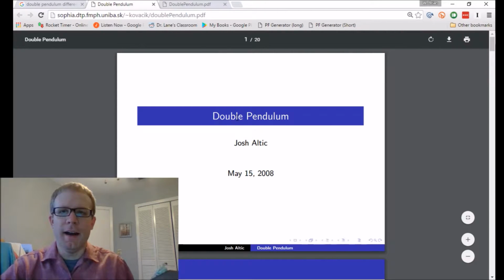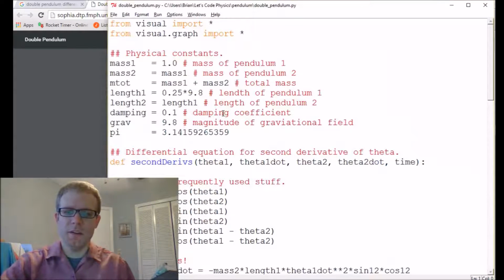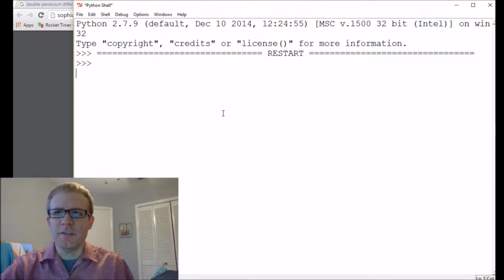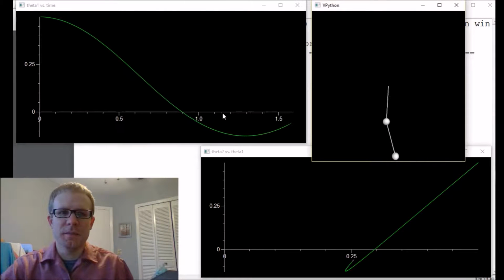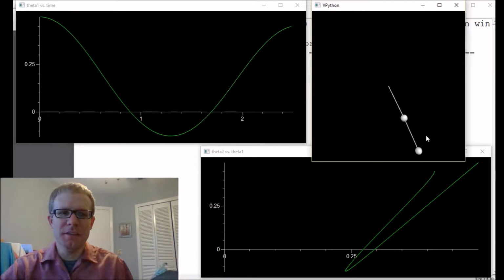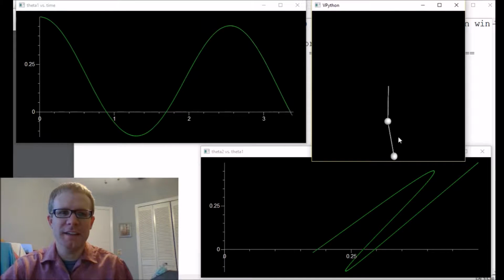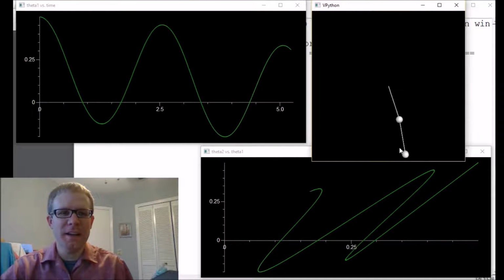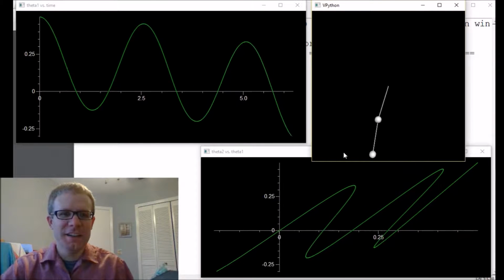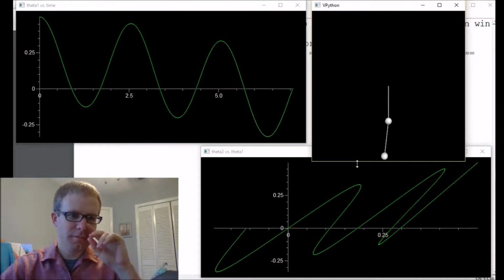Okay, so I know that the double pendulum code is acting strangely. I don't know for sure whether it's behaving badly, but it seems like this ought to be swinging to the left some.